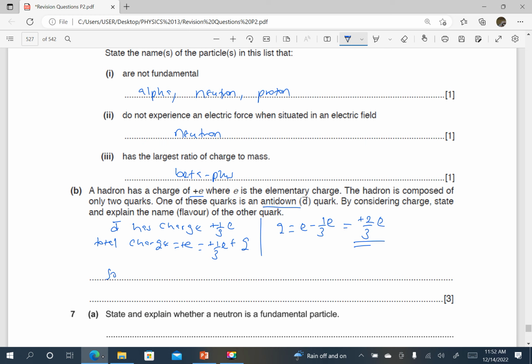So we can simply conclude that the charge of the other quark is positive 2 over 3e.